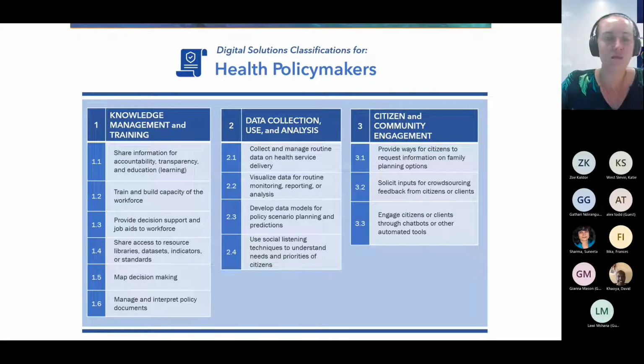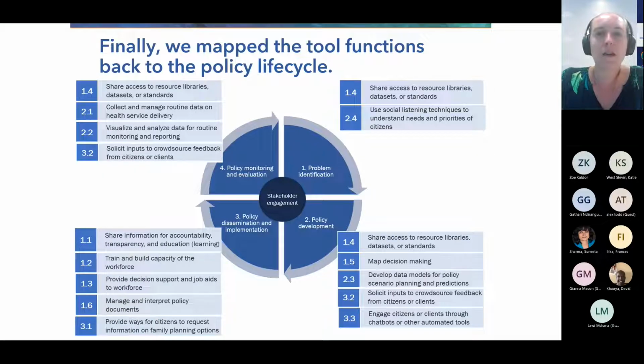So these classifications of the tools after we review the inventory include knowledge management and training, data collection, use and analysis, and citizen and community engagement. And within each of those, there are subcategories because we get a little bit more specific. So now we have these categories to help make sense a little bit of what the use cases and functions of all the digital solutions that we were currently able to identify do.